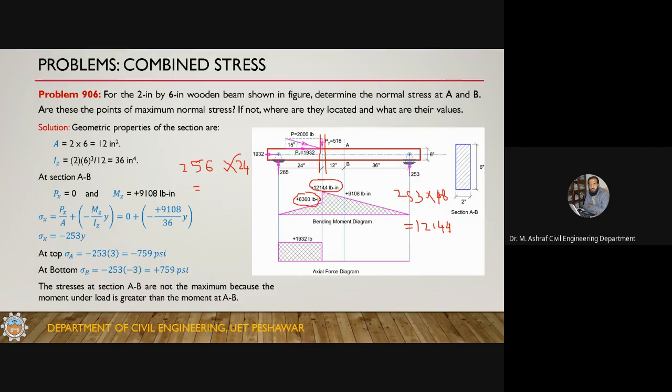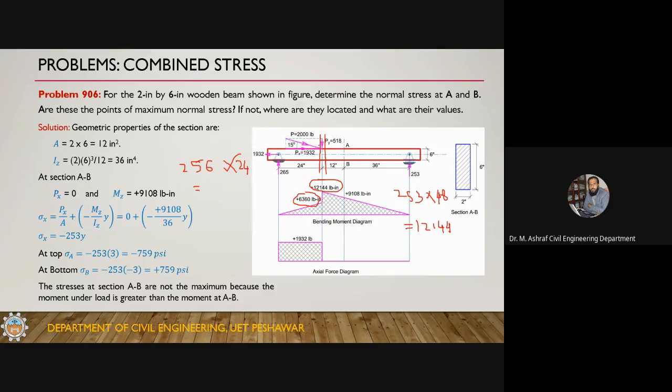Usually if we are calculating bending moment from the right or from the left, we should get the same result. But since one section is to the right and the other is to the left, they are not the same section.